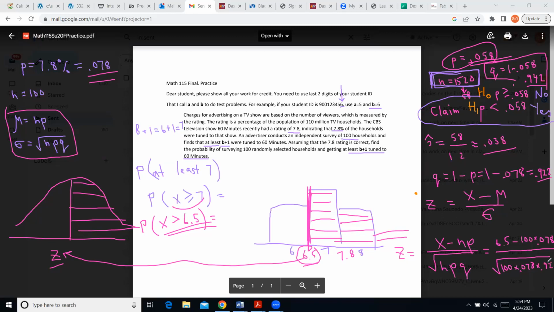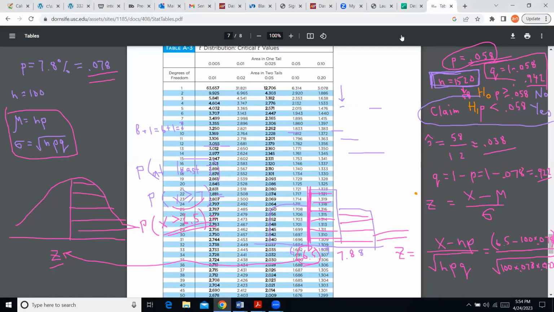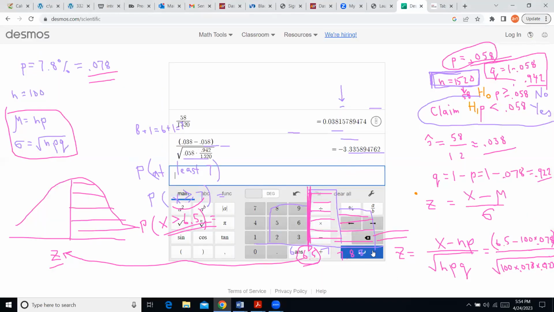922, and it looks like we're ready to enter this in the calculator, get a z-score, and answer the exercise. So let me put this in a cleaner way.